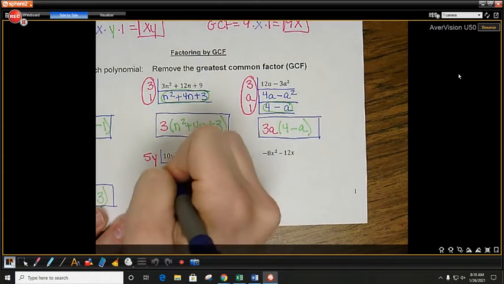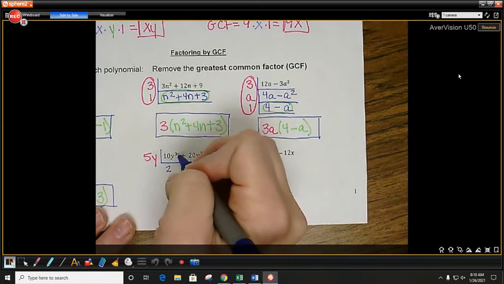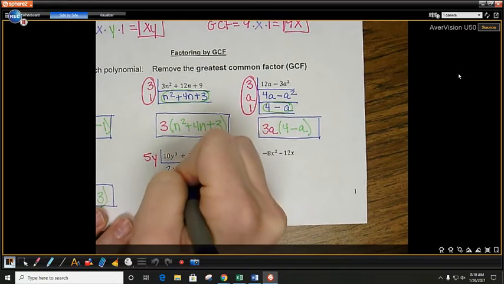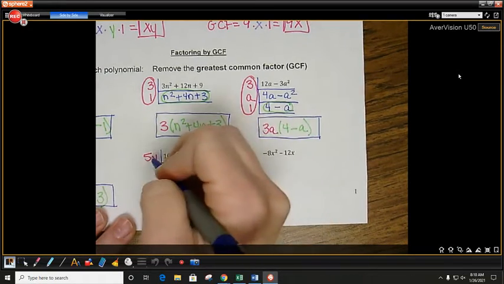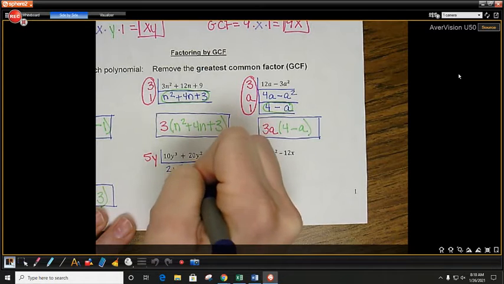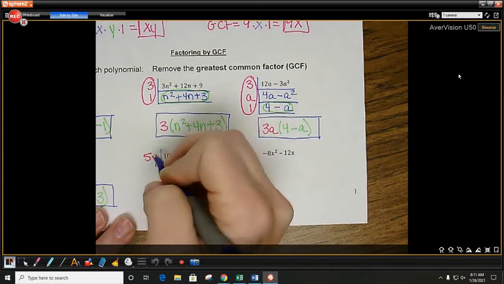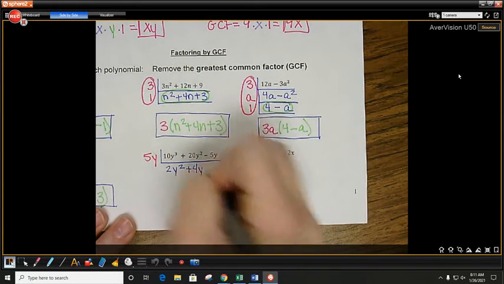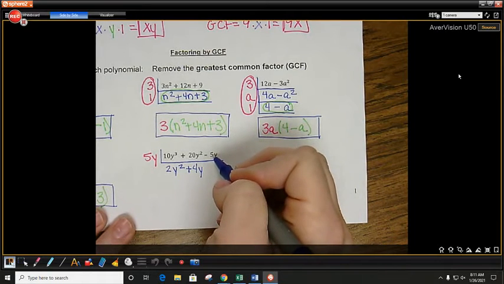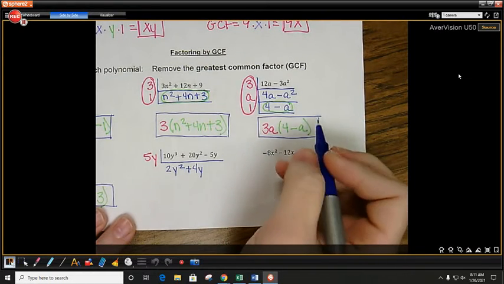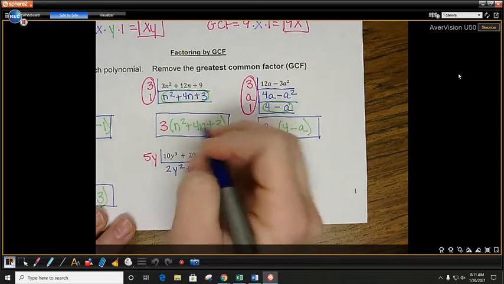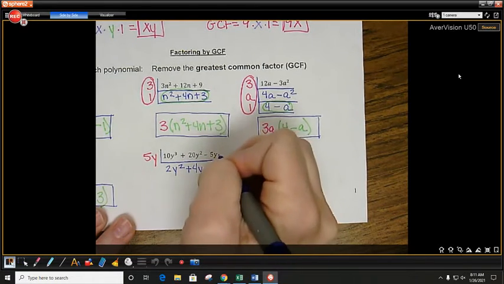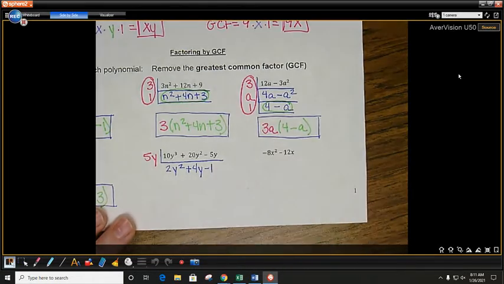Well, 10 divided by 5 is 2. You had 3 y's, but you took 1 out, so now you have a y squared. 20 divided by 5 is 4, and it's a positive, so plus 4. You had 2 y's, you took a y out, so plus 4y. And then negative 5 divided by 5 is negative 1. You had a y, but you took a y out, so it's just a negative 1.